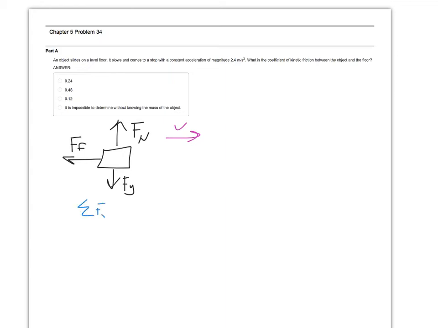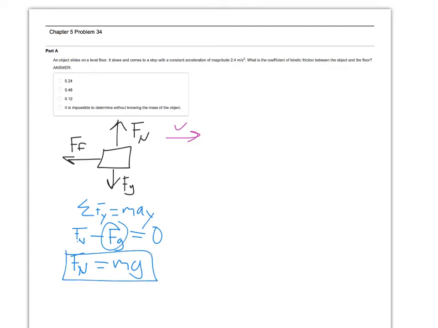Thinking about the sum of the forces in the y direction, we can say the normal force minus the force of gravity is equal to 0 because as it goes across the floor it's not accelerating. So the normal force simply is equal to mg because I substitute in for the force of gravity.